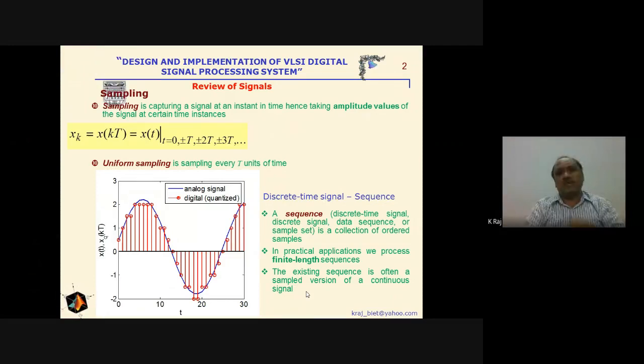And if this signal exists for each and every value of the variable, then that type of signal is said to be the continuous signal with respect to the variable. For example, if the amplitude of any signal is changing with respect to time, then this will be known as the continuous time signal.